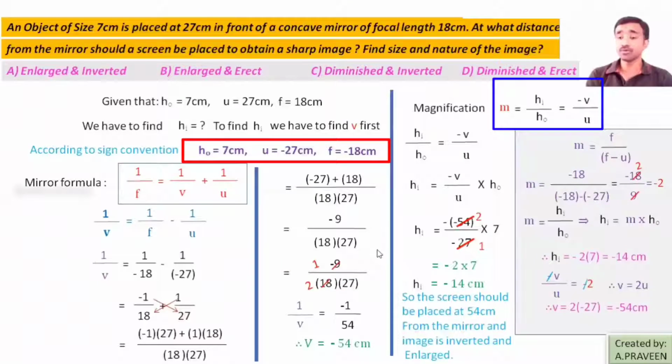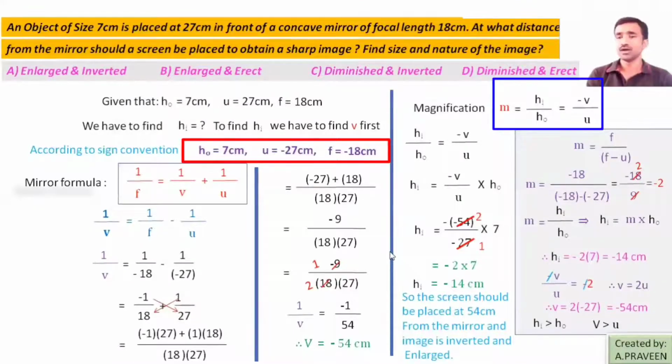Then what I am able to decide here is from the comparison between object height and image height. The image height is greater than the object height, so I am able to say it is an enlarged image. Then compare object distance and image distance: V is greater than U. Also, V is negative, so it is in front of the mirror, on the real image side.